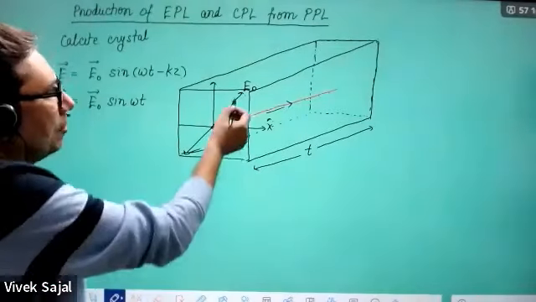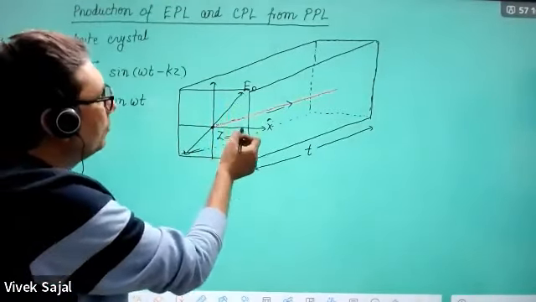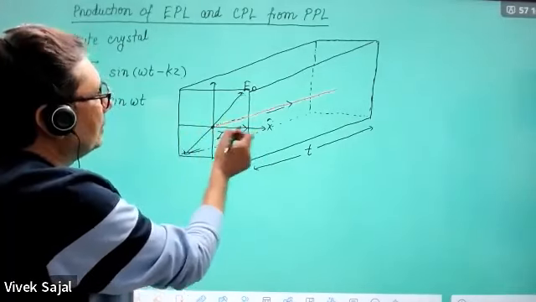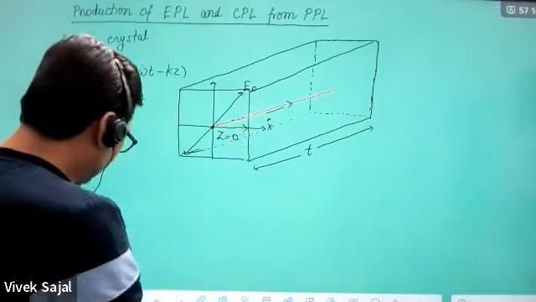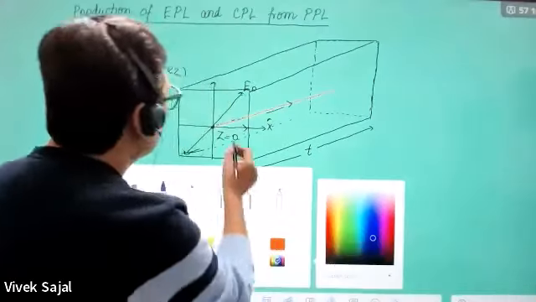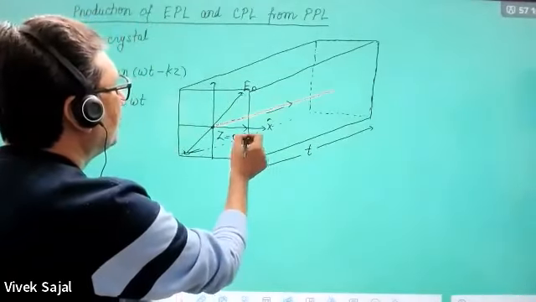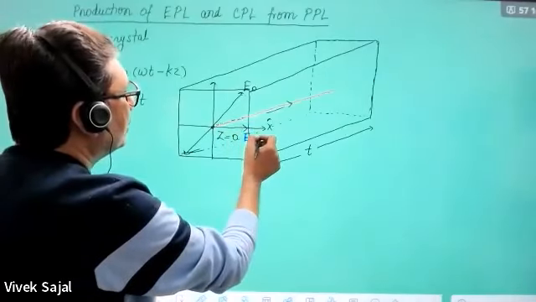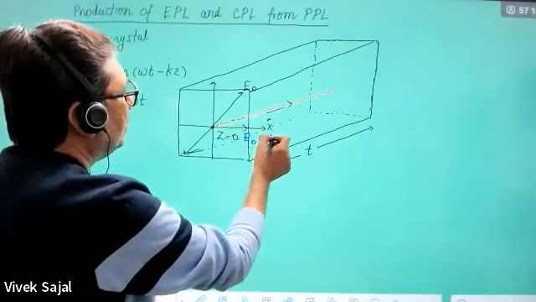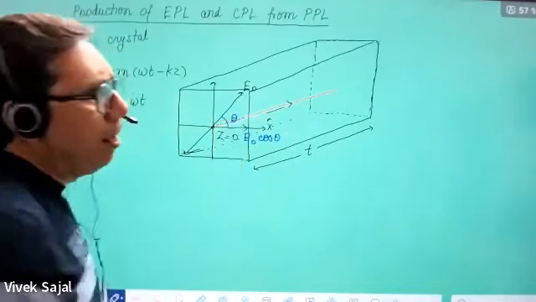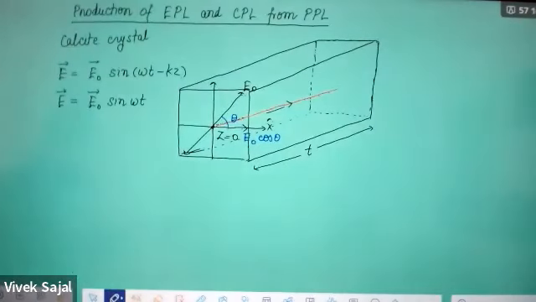Now you can resolve this E naught into two components. One component of this electric vector will be parallel to this. Suppose this angle is theta.